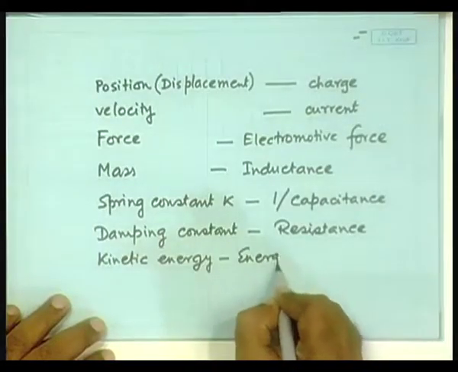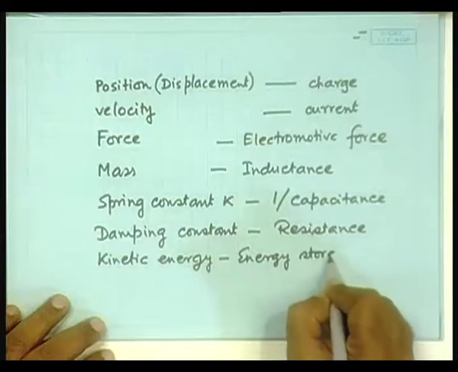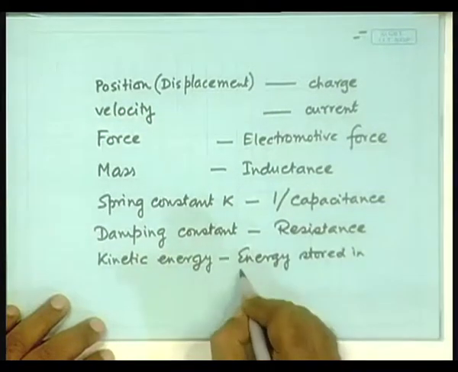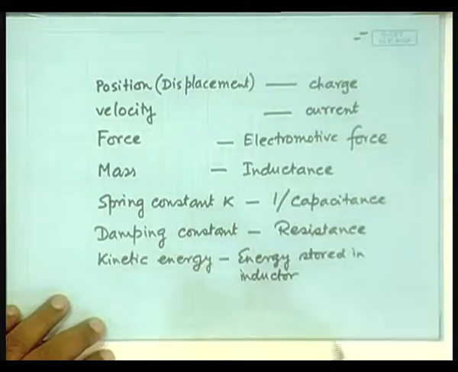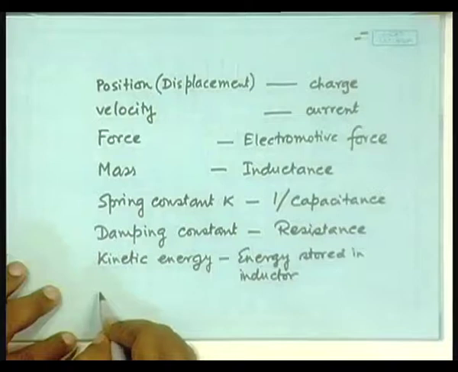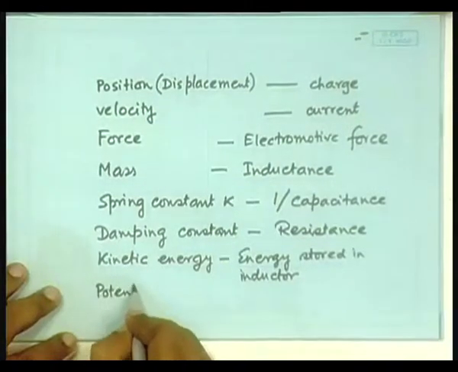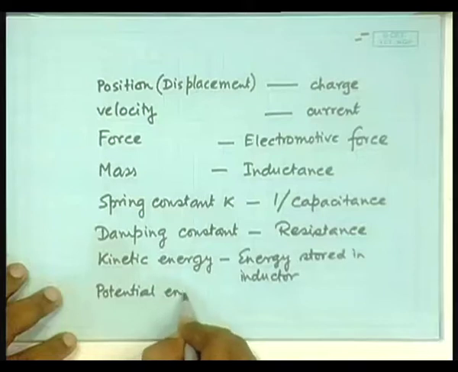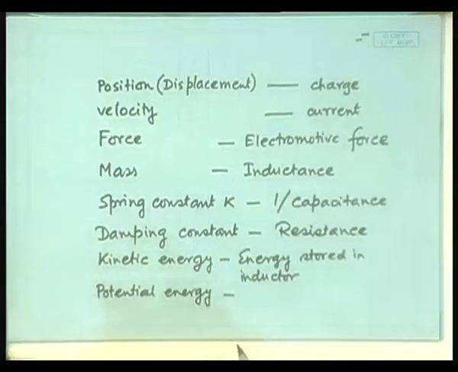The energy stored in the inductor. So, kinetic energy is equivalent to the energy stored in the inductors. If in any circuit there are 3 inductors, the equivalent of the kinetic energy in that circuit would be the total energy stored in the 3 inductors. Potential energy then would be equivalent to the energy stored in the capacitors.